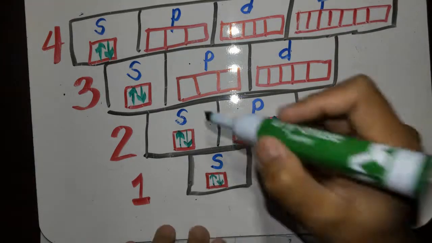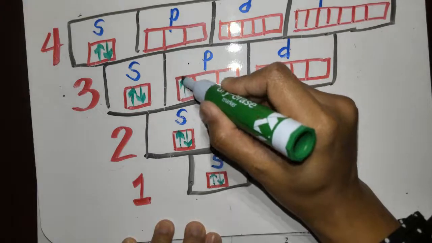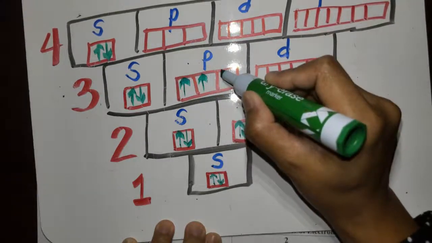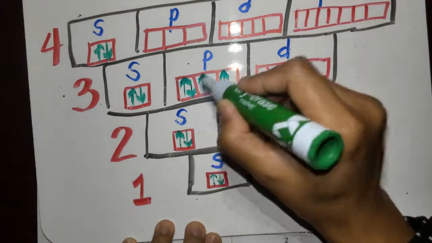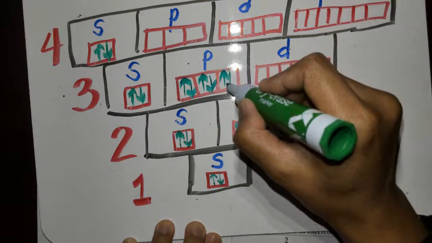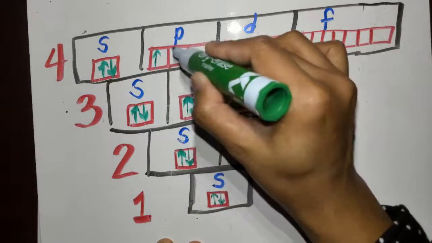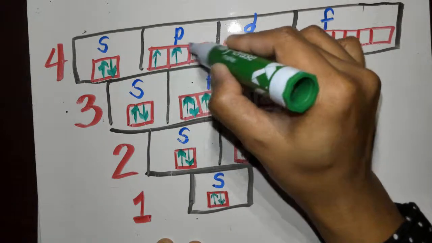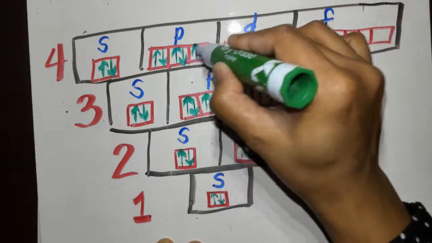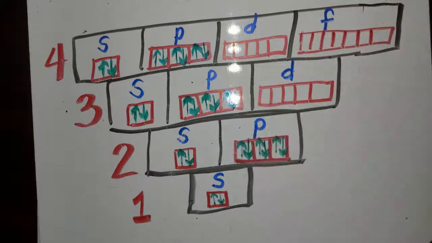The same thing with the P here. That will be 1, 2, 3, and then 4, 5, 6. And we have another P on the 4th floor. That's the same: 1 each, and then 4, 5, 6. Still a total of 6.